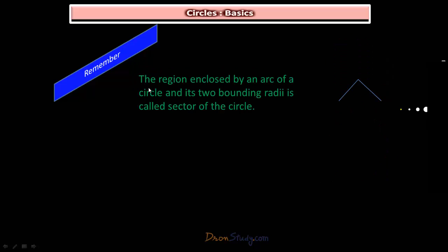Now let us see another definition. The region enclosed by an arc of a circle and its two bounding radii is called the sector of the arc.